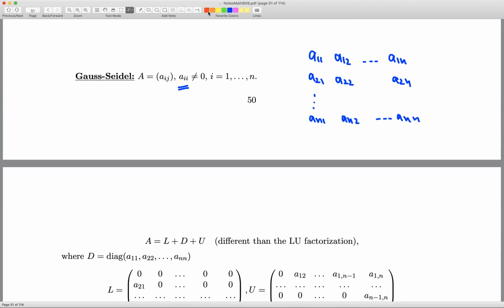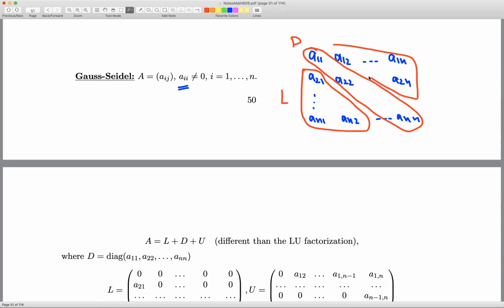The matrix D will be the matrix from the elements on the main diagonal. And then these elements augmented with 0 will be L, this will be D, and these elements here will be the matrix U, the same as before.